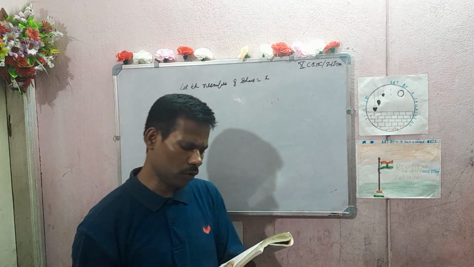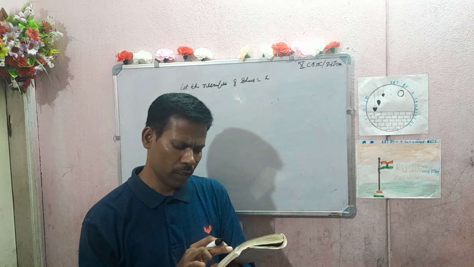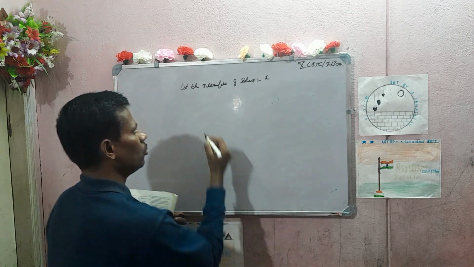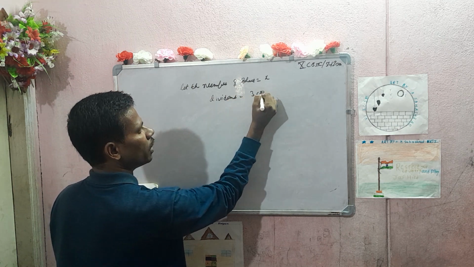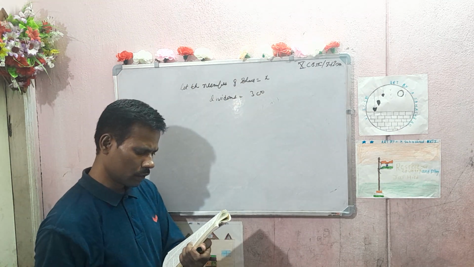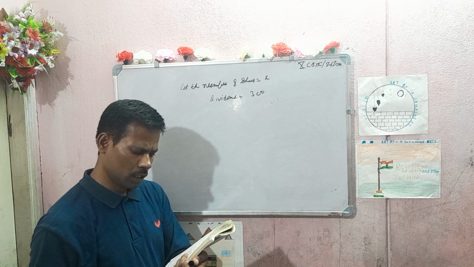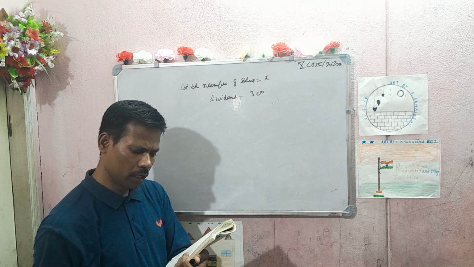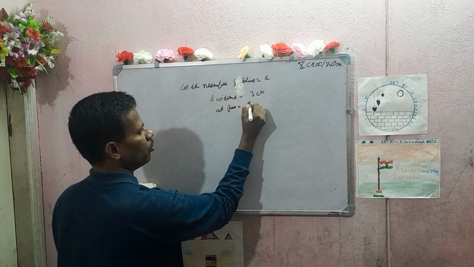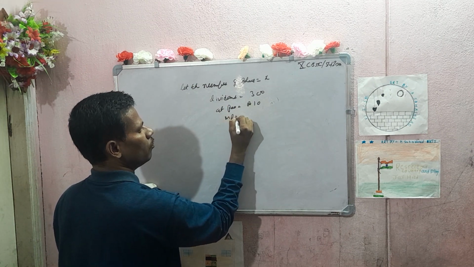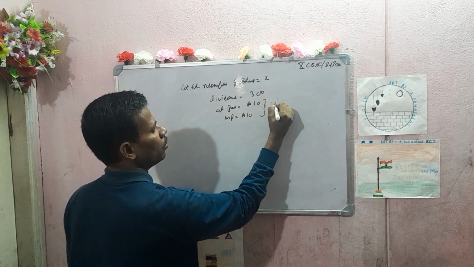What are the given conditions? You write down. Next, if he receives a dividend, dividend is equal to 300. Next, what are the other conditions given? Par value of rupees 10, at par is equal to rupees 10. That is, market price is equal to rupees 10.